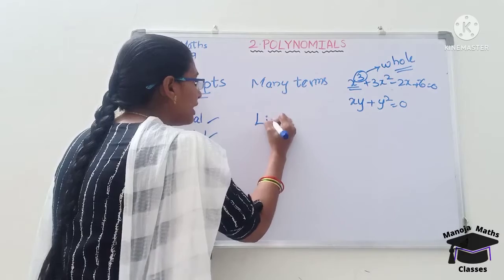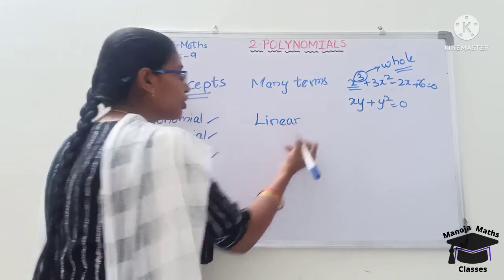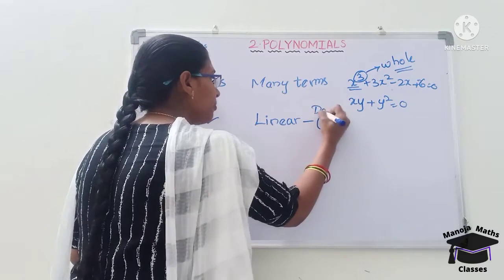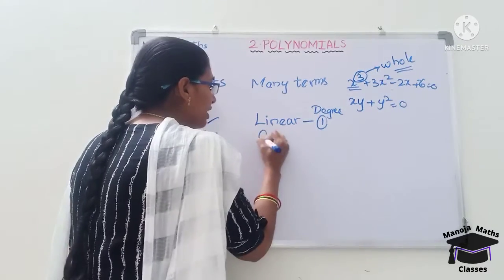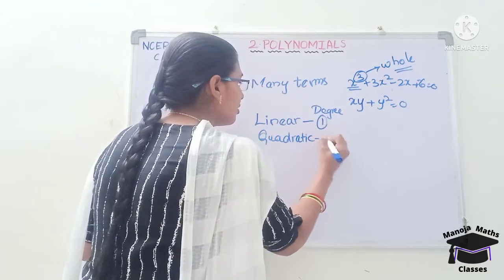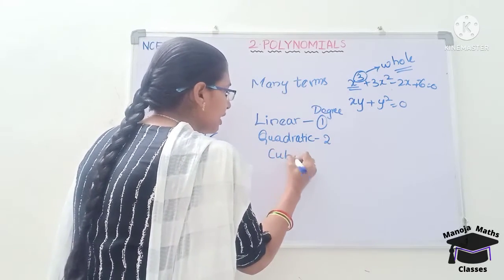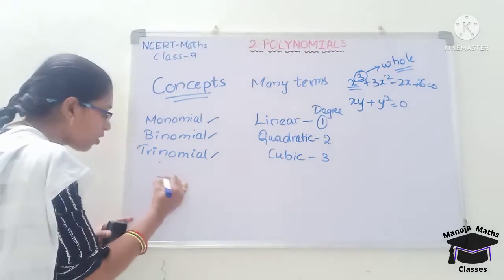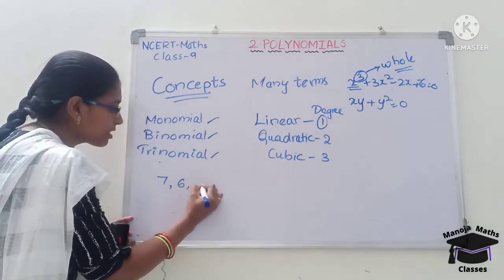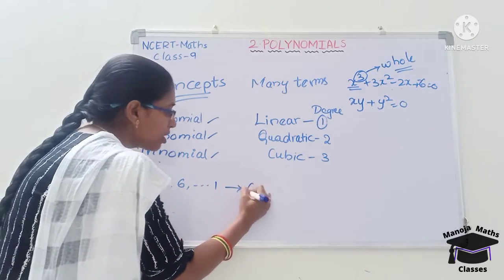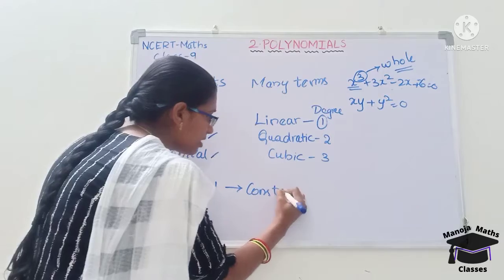Then you learn linear equation. Linear equation means what, children? If the degree is 1, it is called a linear equation. If the degree is 2, it is called a quadratic equation. If the degree is 3, it is called a cubic equation. You also learned constants, like 7, 6, any numbers. Constants are called constant polynomials.